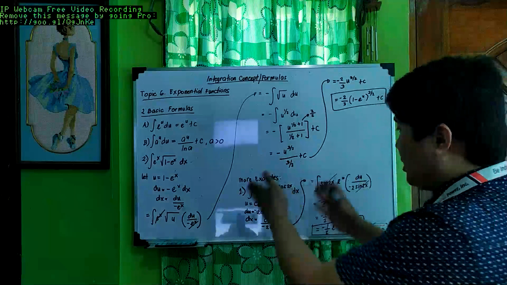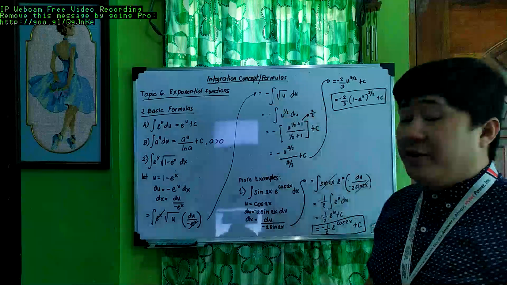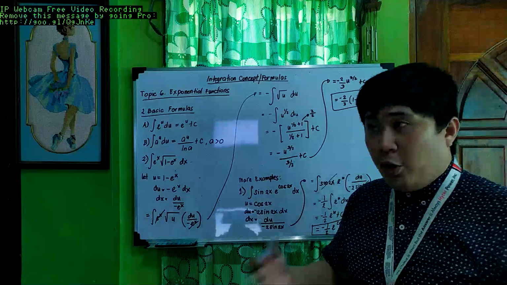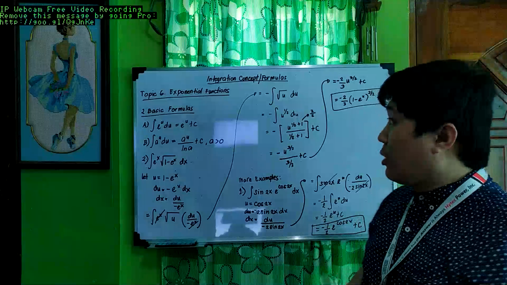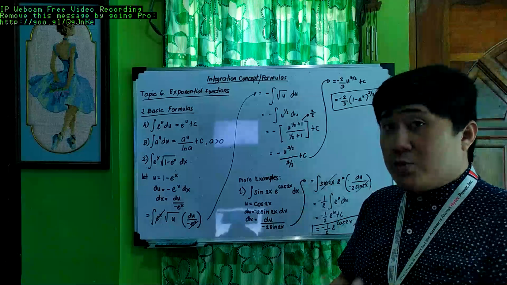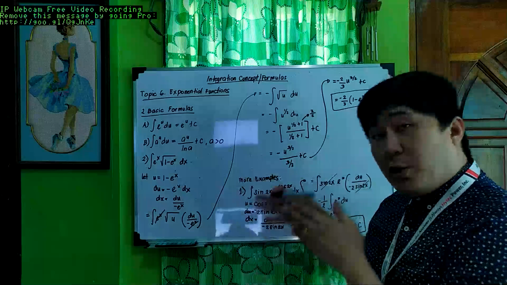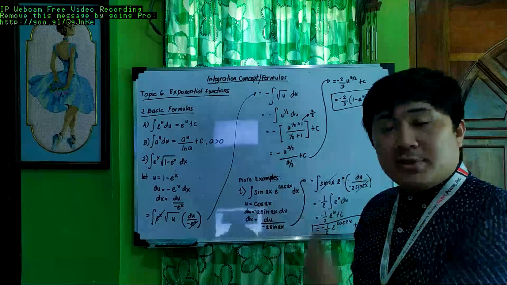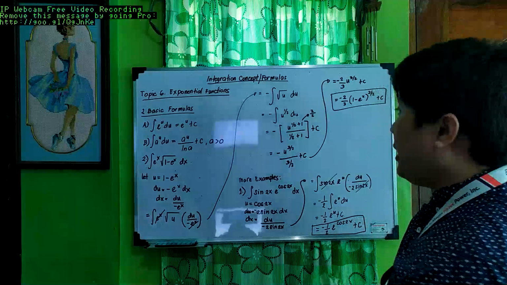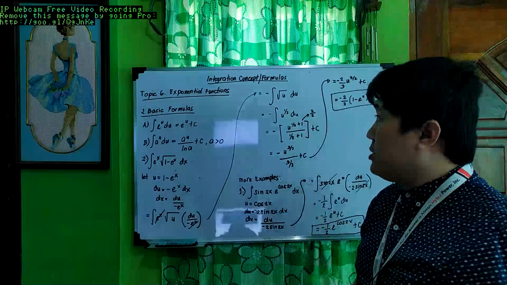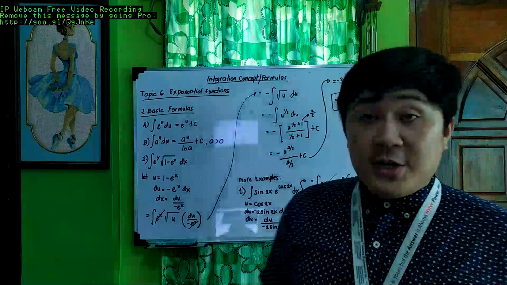But now we are still on the basic exponential functions. For the more advanced topics, we'll have to use different integration techniques, which will be on our next topics. So I think this will be all for our discussion of exponential functions.